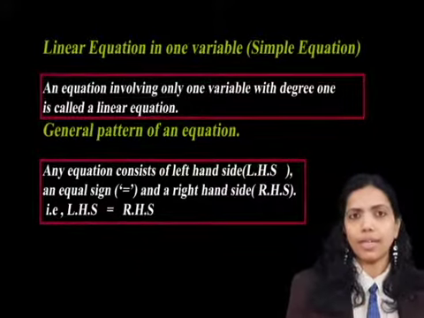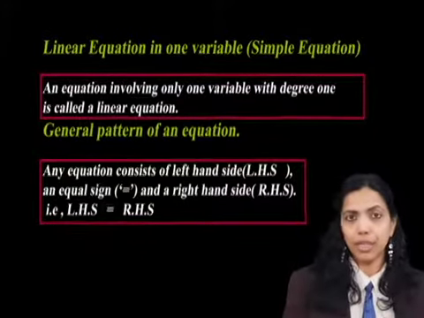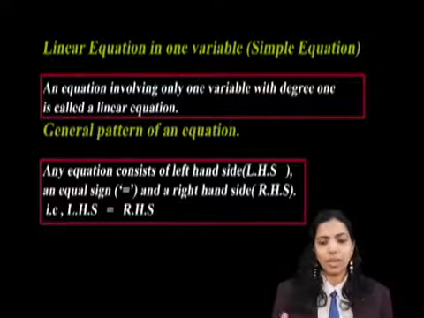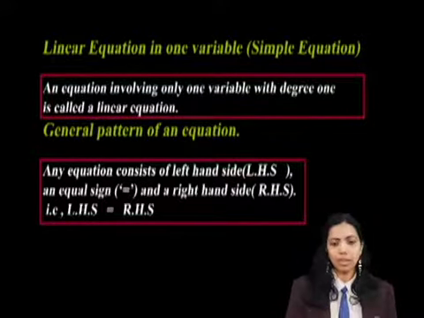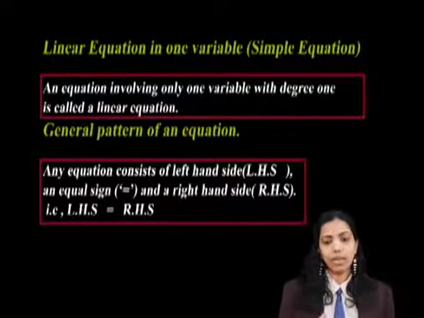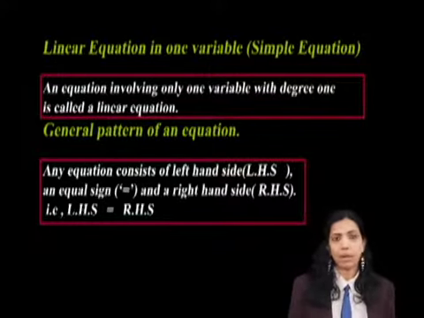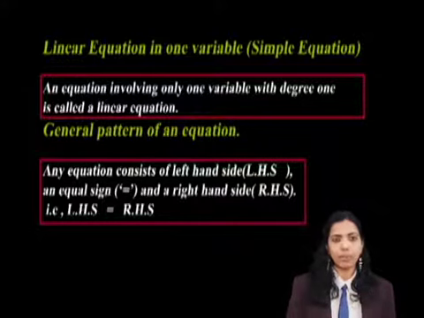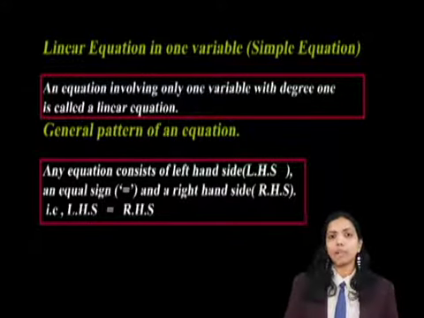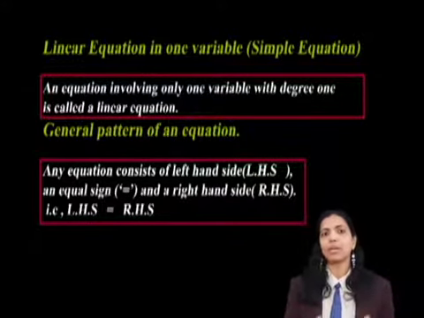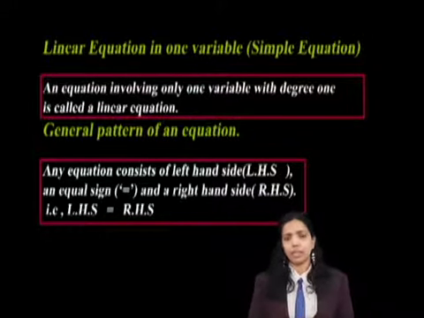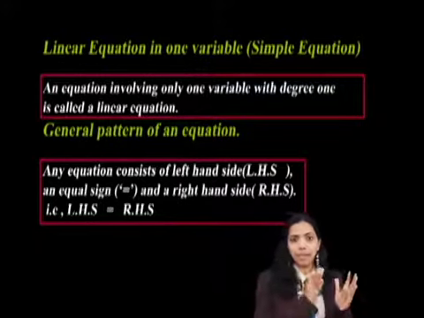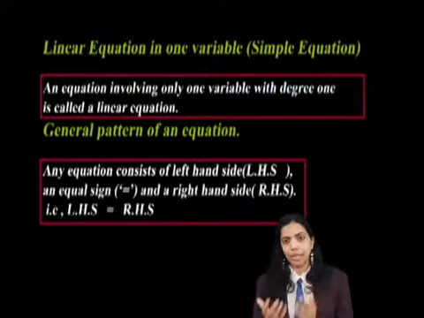In other words, I can give the definition of a linear equation in one variable as: an equation in which the highest power of the variable is 1 is called a linear equation. The highest power is also called the degree of the equation. What is the general pattern of an equation? Any equation consists of the left hand side and the right hand side.